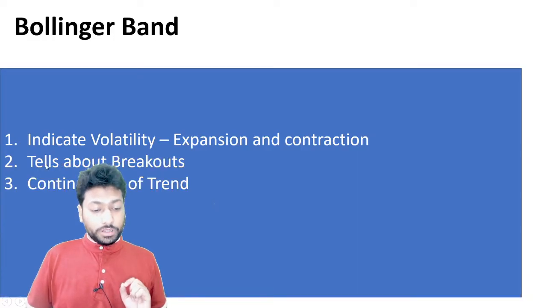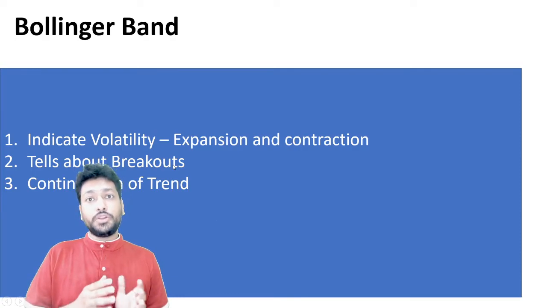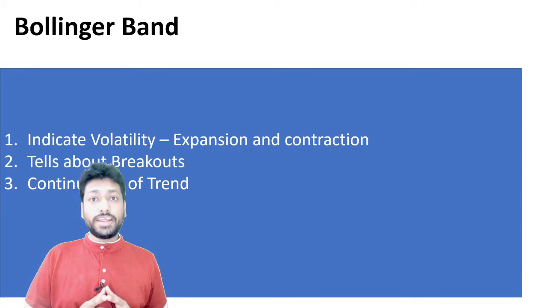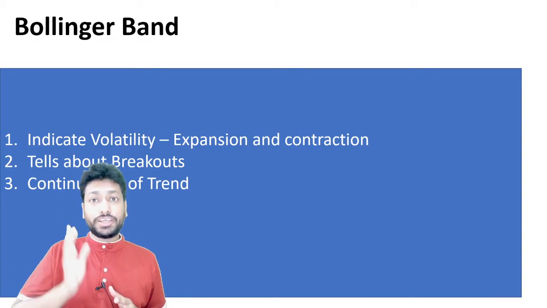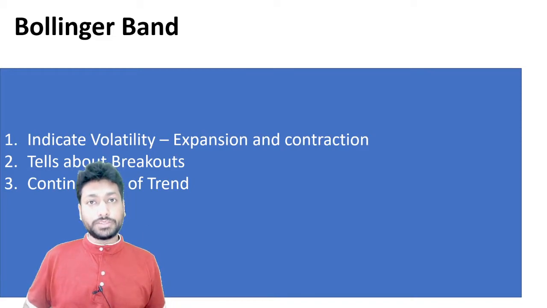It also tells about the breakouts. Breakout means whenever a new price trend starts or the price changes levels, that is, if the prices are going to increase or decrease, these keep on telling us about the breakouts.